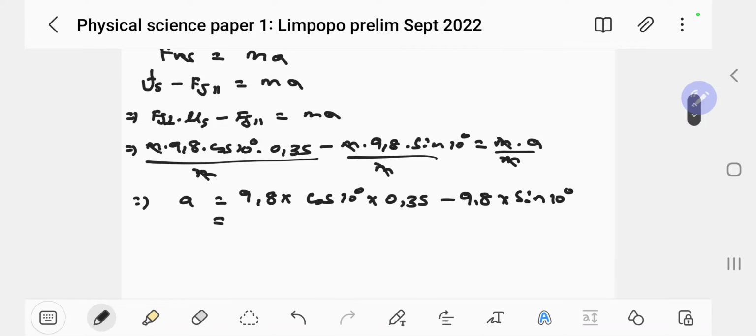Okay, so that one is giving me a particular number, then we're subtracting here 9,8 into a sine of 10 degrees. Okay, so what I'm getting, guys, here our acceleration becomes 1,68 meters per second squared.